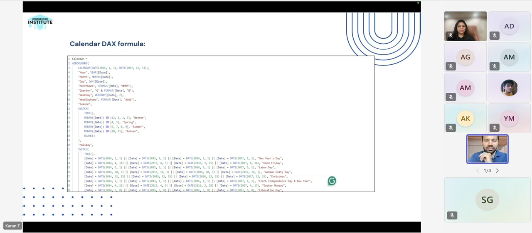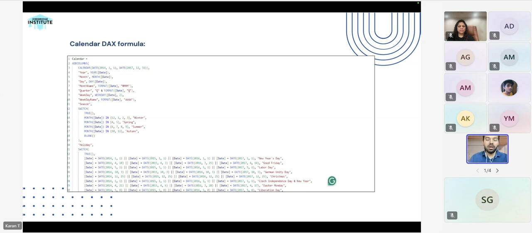And yeah, this is the DAX formula that we used for our calendar table. We had different tables, but we thought that having a calendar table would really help us to slice and dice the data based on multiple time frames, and also based on seasonality. So if you see here, we have divided it into multiple seasons: winter, spring, summer, and autumn.